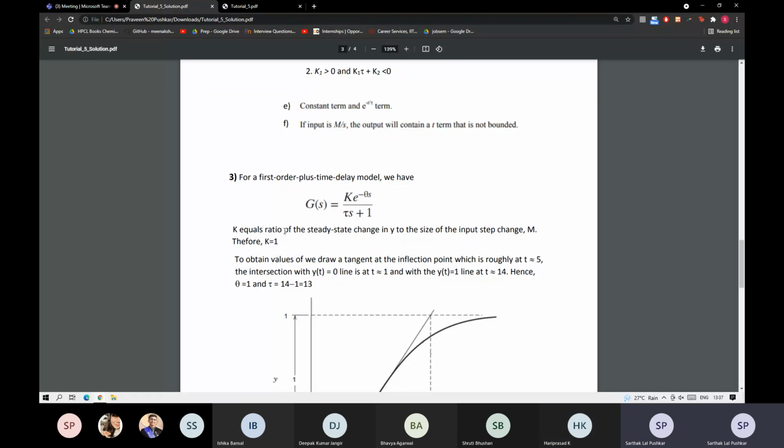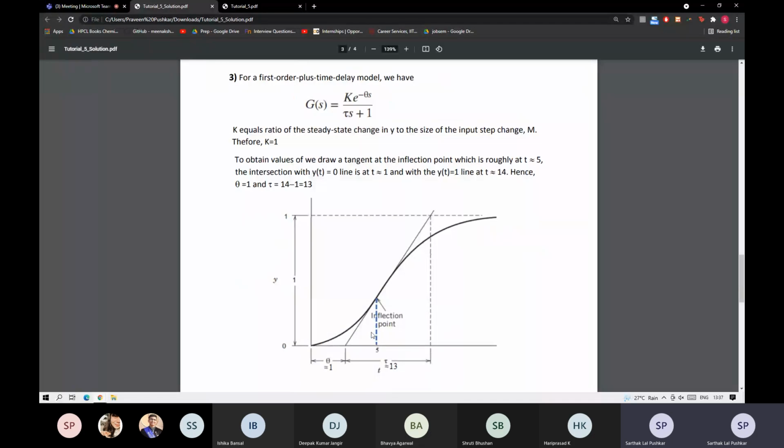And to obtain the other values, we have to see where the inflection point is, and then draw a tangent on that inflection point. The line which meets at y equals 1, that's the first point, and the line when it meets y equals 0, that's the second point.